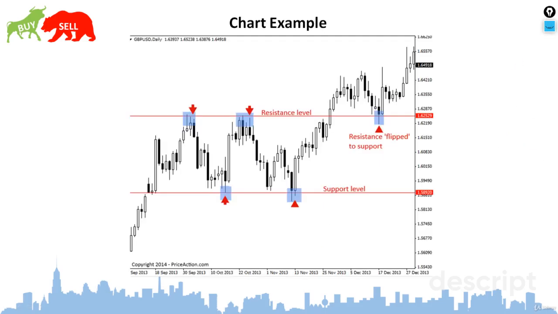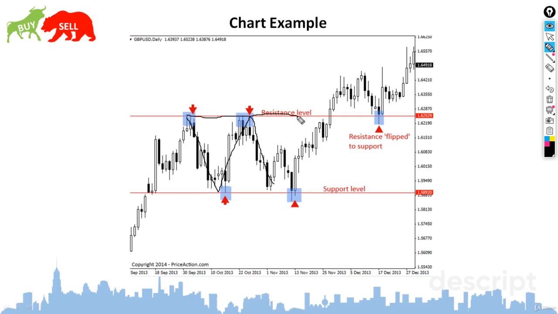So we will illustrate all what we studied in this chart example. As we can see, in the first place we have here a double top, a double top not confirmed. To mark a double top confirmed, it needs to break the last bottom, and here the market didn't break this last bottom. Also we have a double bottom here, a double bottom confirmed.